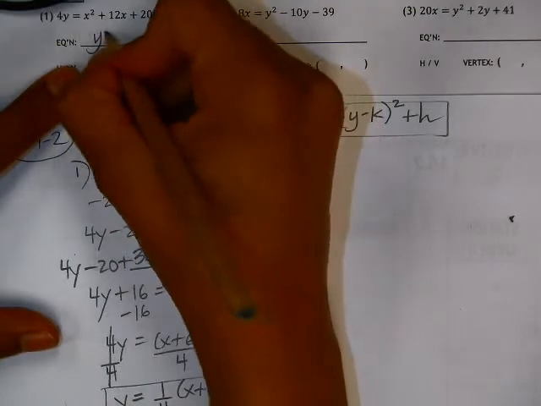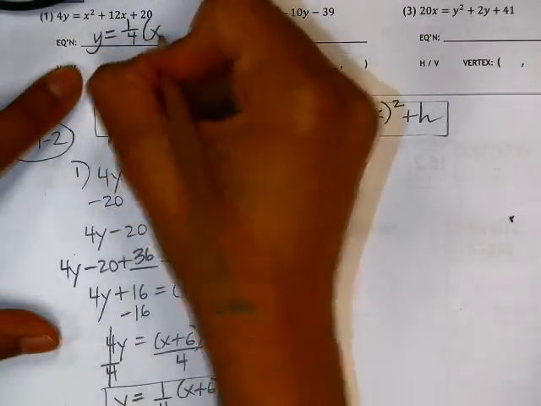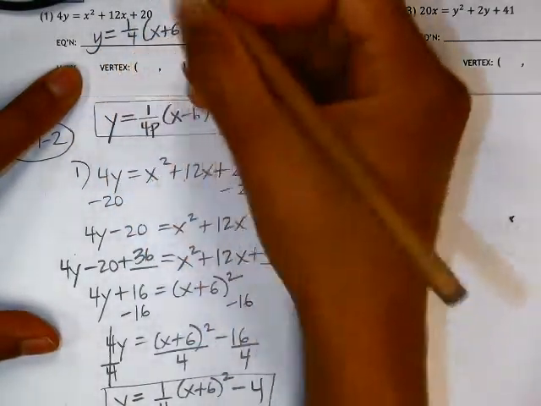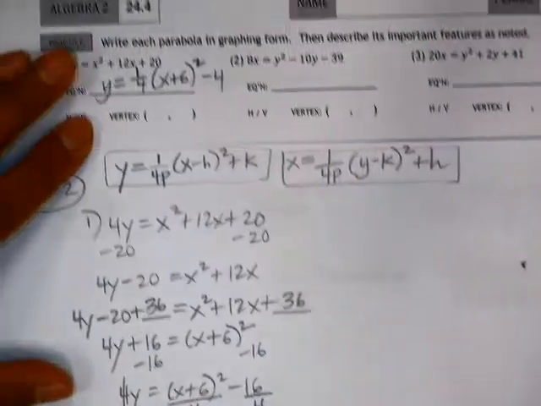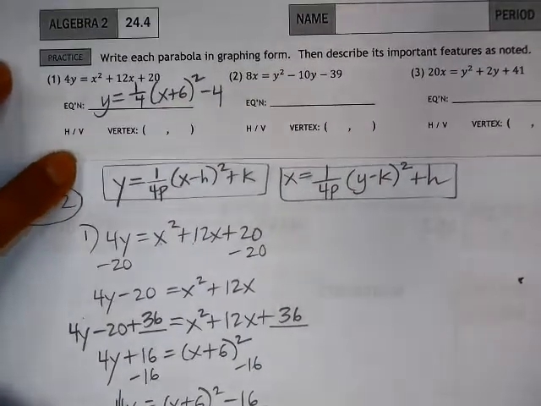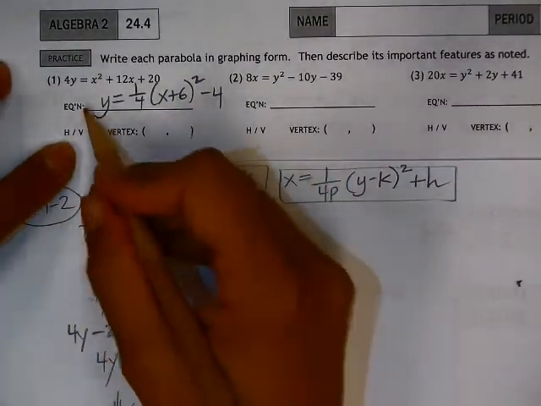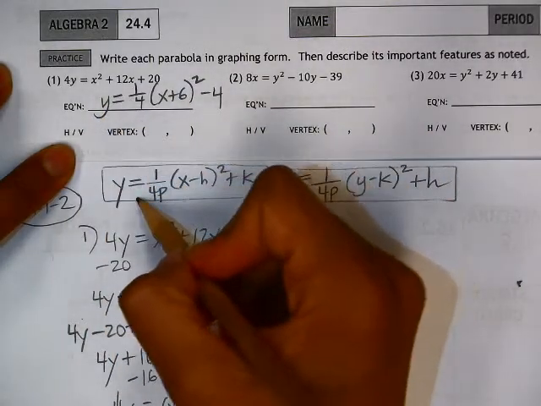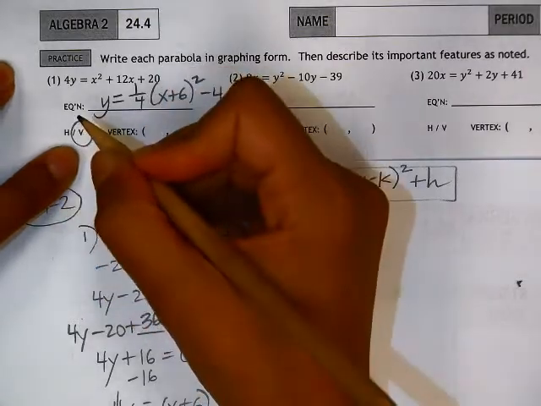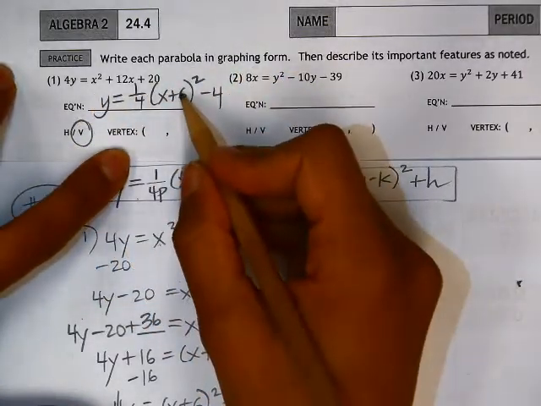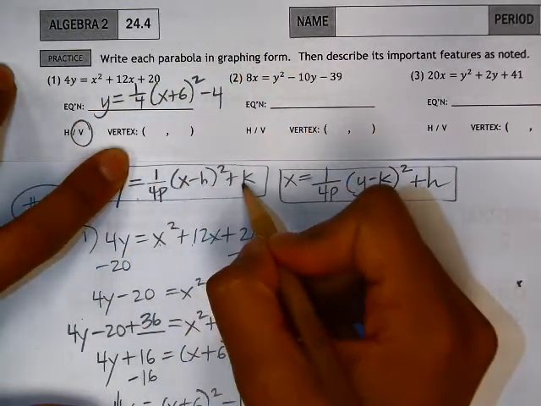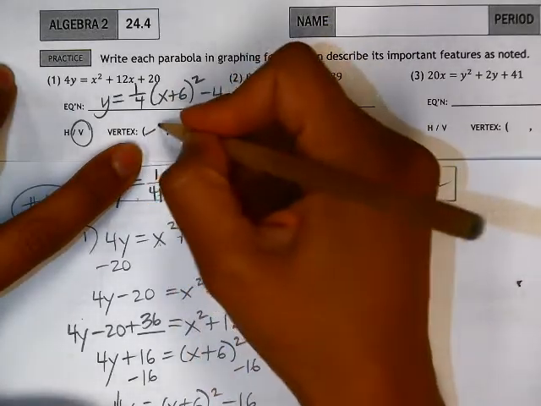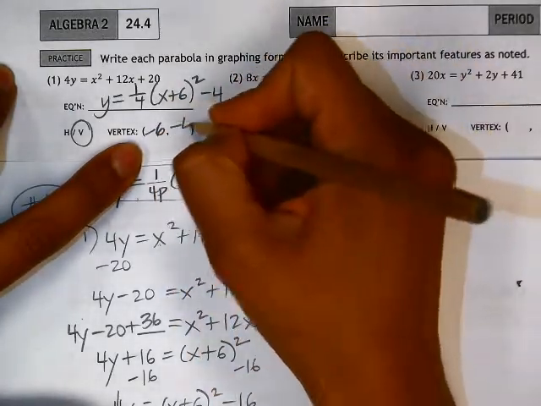So y equals 1/4 (x plus 6) squared minus 4. And we'll fill in the other features that we're asked to find. So y equals, this is a vertical parabola. And the vertex of the parabola, so we need to look at the h, k, is at negative 6 and negative 4.